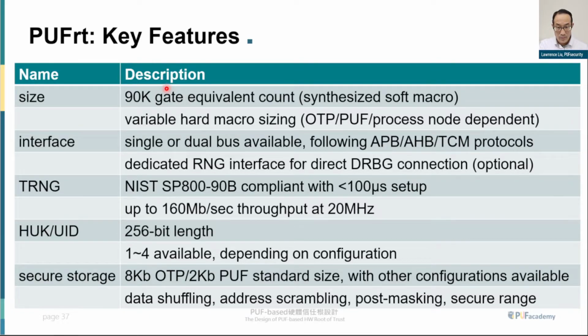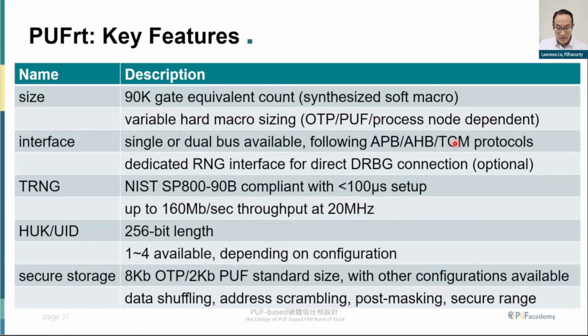But the hard macro size is dependent on the selected process node that PUFrt is manufactured in, since the process node will determine the PUF and the OTP cell size and charge pump sizes. And for interface, again, PUFrt can be configured as either a single or dual bus interface using an APB, AHB, or TCM protocol.